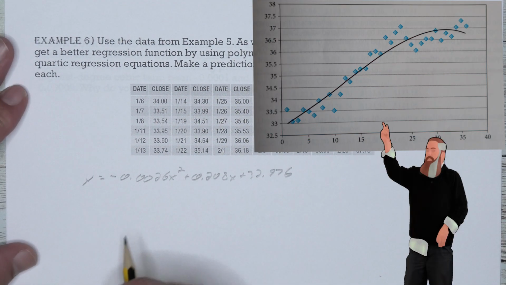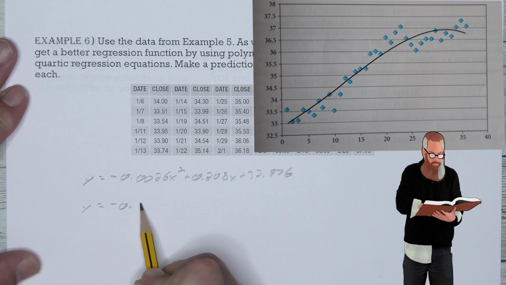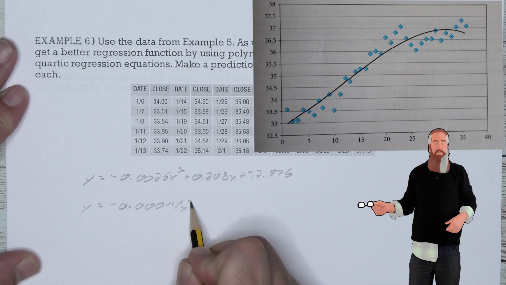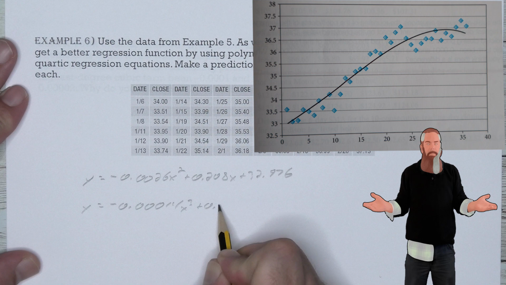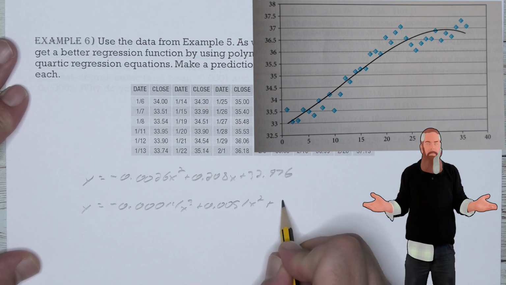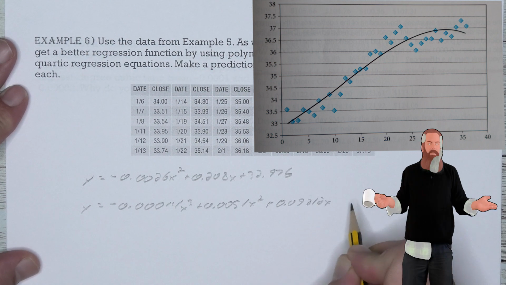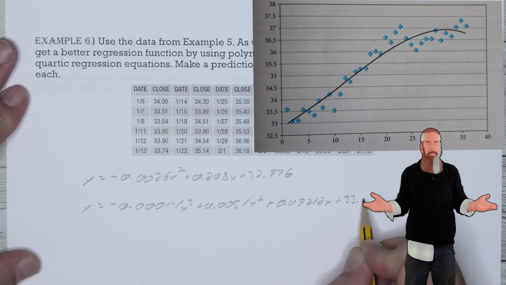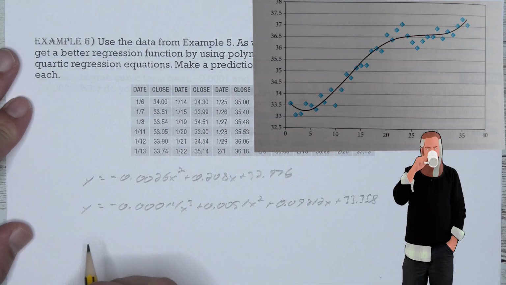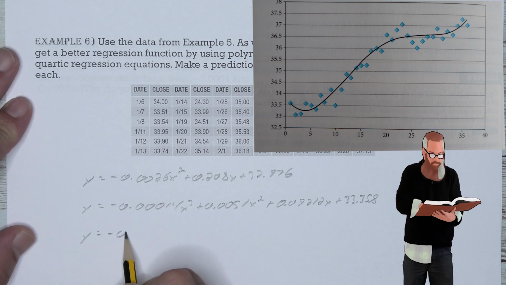The cubic regression curve is y equals negative 0.00014x cubed plus 0.0051x squared plus 0.09212x plus 33.358.